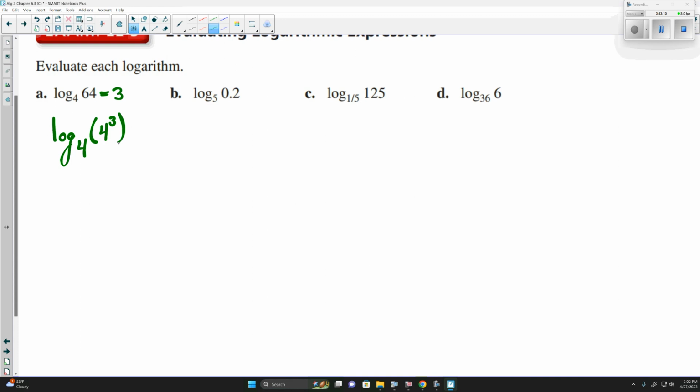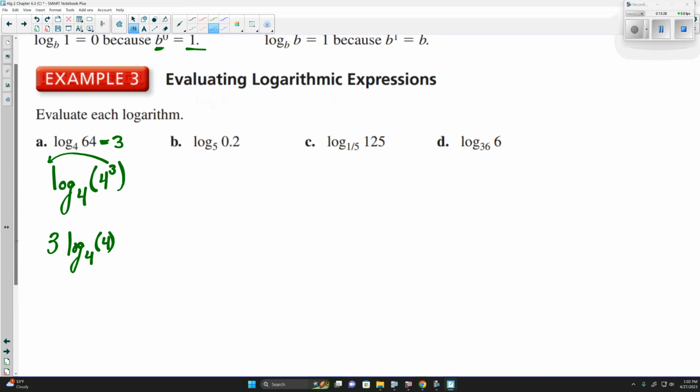And we'll get into this more tomorrow, when we talk about 6.5, properties of logarithms. The exponent property says I can bring the 3 to the front, giving us 3 log base 4 of 4. As we said up here, log base b of b, log base 4 of 4 is 1. So we're really saying we have 3 times 1, which is 3.